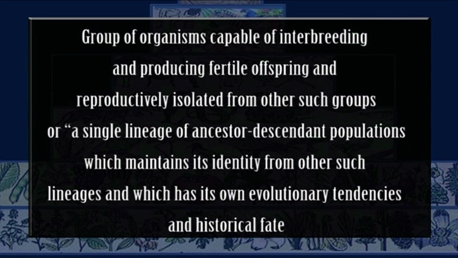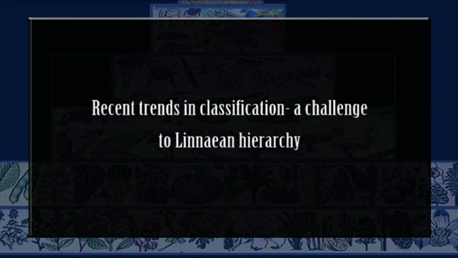Now, we will briefly analyze some of the modern trends in classification, a challenge to linear hierarchy. For almost 250 years, the linear hierarchy has served as an important part of taxonomy's methodological foundation.